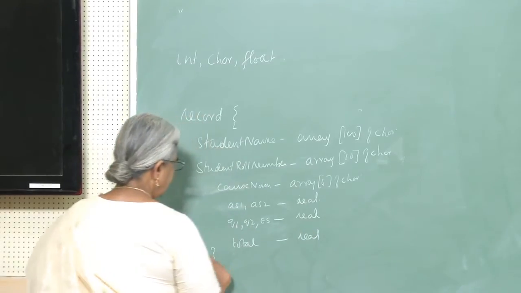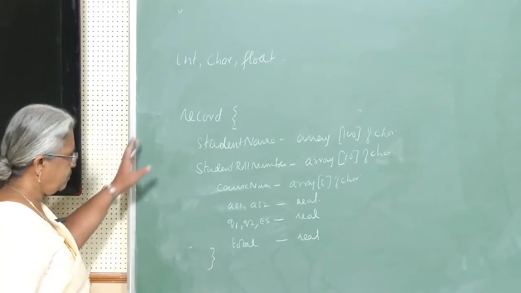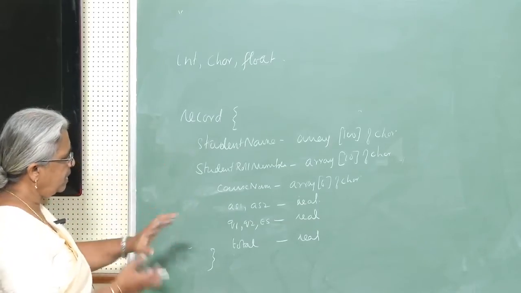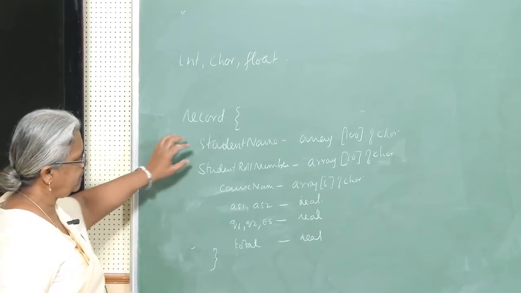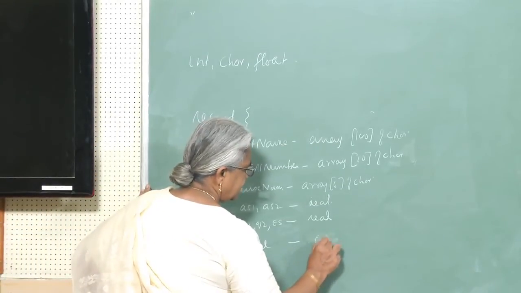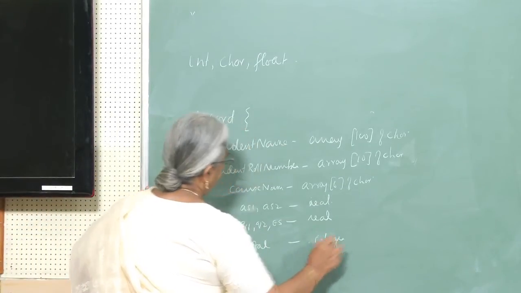This is something which you might have seen in the basic C course that you already did, that you can put a set of assorted elements together. Here we have character, and total may be of type integer, let us say. So, what do you have here?